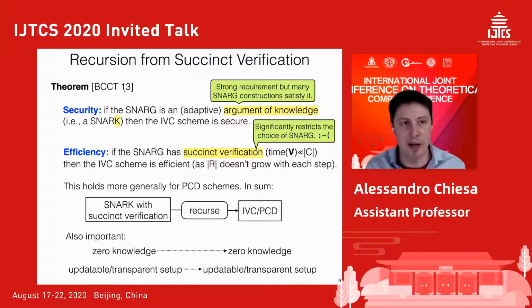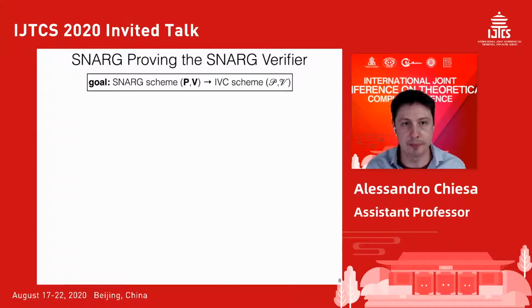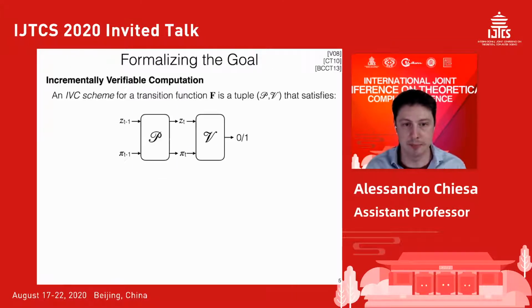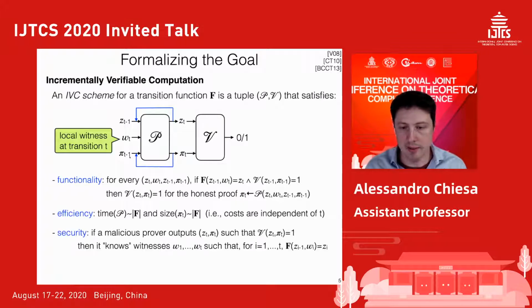So the security of IVC, let me go back to this slide. It's actually not that complicated to define. It's even easier to define than functionality. Somebody comes and says, here is a string that claims to be the output of applying F to itself T times, and here's a proof that certifies that.